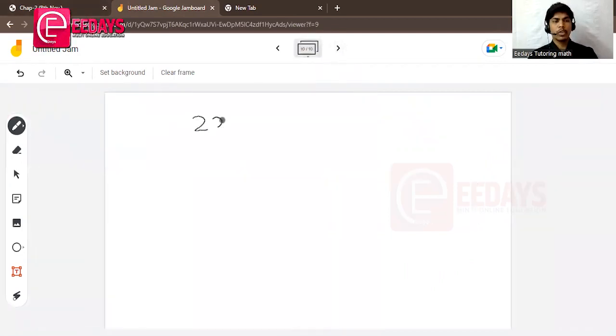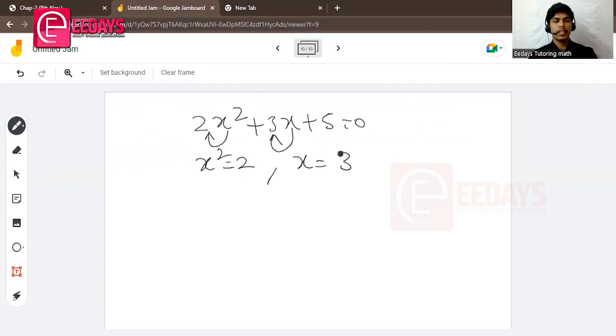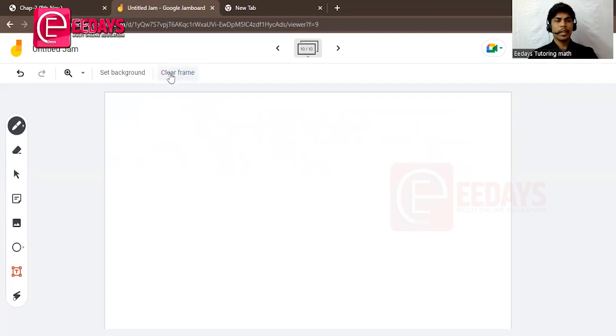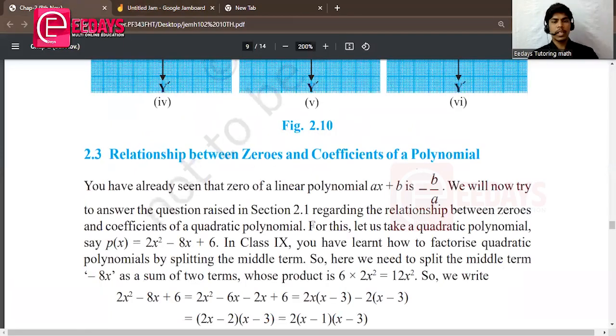Coefficient: if you take 2x square plus 3x plus 5, the x square coefficient is 2, the x coefficient is 3, and the constant, where there is no x variable, is 5. I hope you understand. That is the relation between the x coefficient and x square.